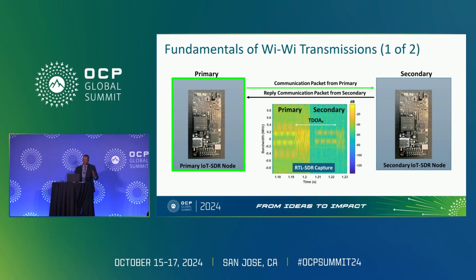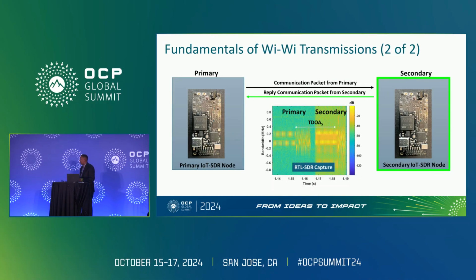If you're going to look at Wi-Fi from a one-way perspective in terms of the transfer, this is what you would receive typically, where you have a higher power signal at the primary, then a lower power signal at the secondary. But ideally, you're capturing the same information, and then I can do cross-correlation to figure out the time difference of arrival. Next, the opposite occurs between the secondary and the primary.